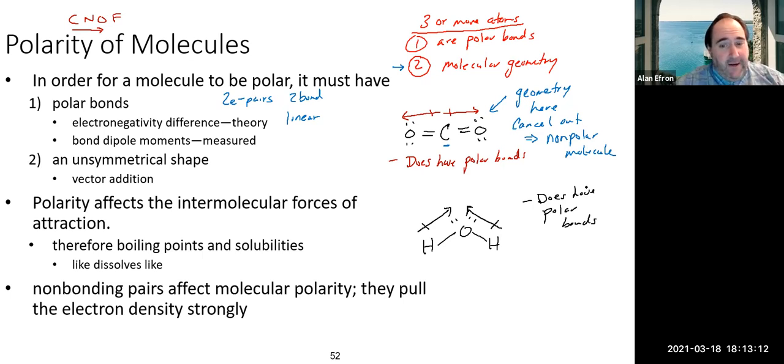Well, again, here we do need to look at our geometry. And the geometry of this guy is, if we look at the oxygen, there are a grand total of 4 electron pairs. There are only 2 bonds. So as we talked about the other day, this is a geometry known as bent or V-shaped, which is why I drew it like that.